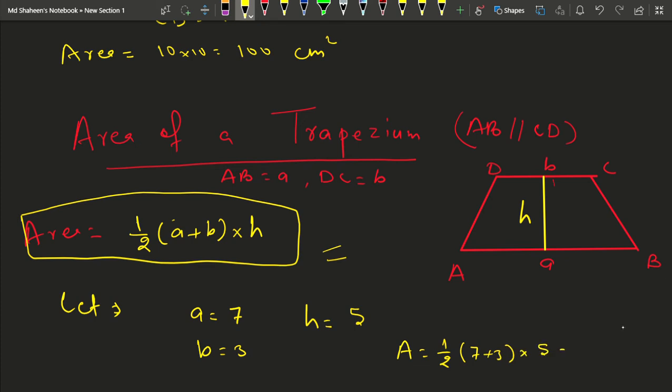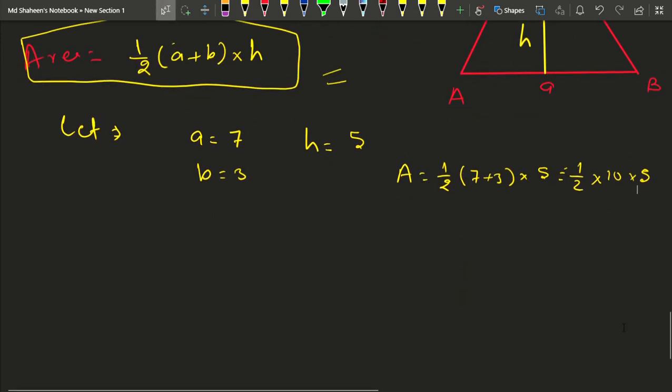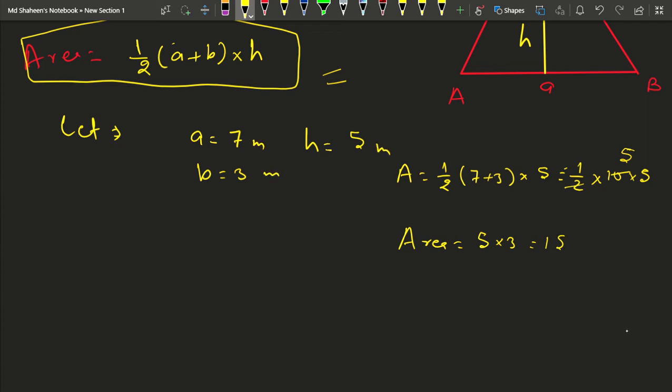That is 1 by 2, 10 multiplied by 5. You can cancel the 2 with the 10, so 5 multiplied by 3 is 15. If its unit is meter, it will be meter square. Remember, we are calculating area. So this is all about the trapezium.